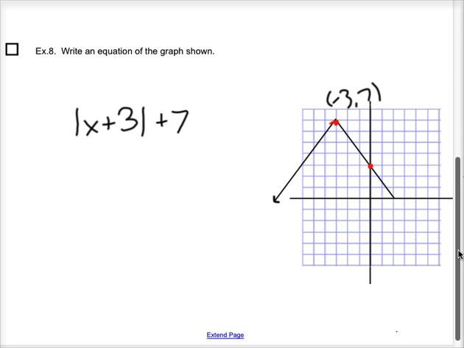Now, this point looks like it's also exactly on the grid. So that's what I'm going to use to find the slope of my line. So my slope, I'm going down 4, and over 3. So rise over run, that means I have a slope of -4/3.